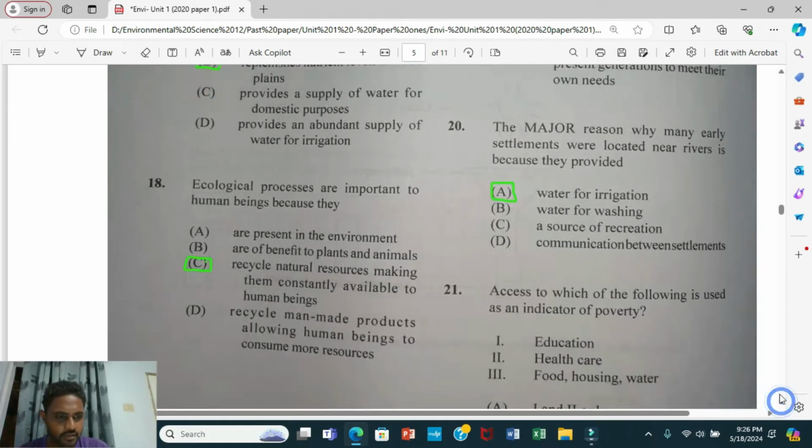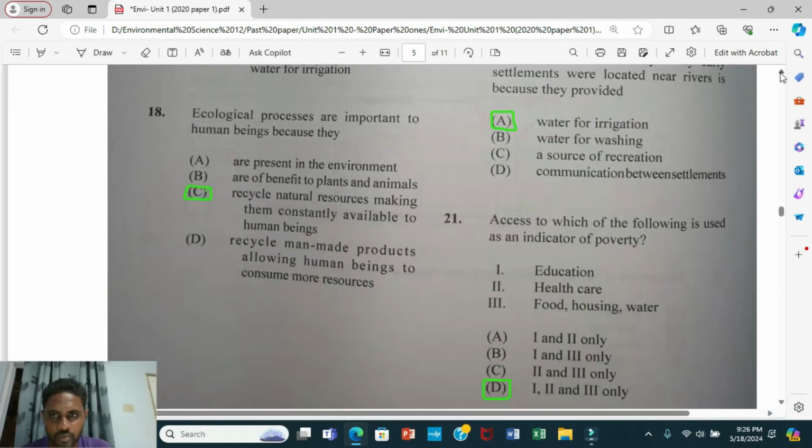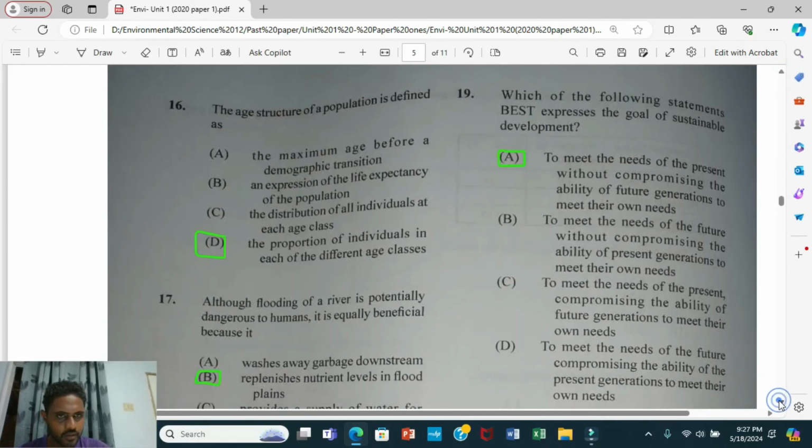All right. Number 18, ecological processes are important to human beings because they, the answer is C, recycle natural resources, making them constantly available to human beings. All right. 19. Which of the following statements best expresses the goal of sustainable development?